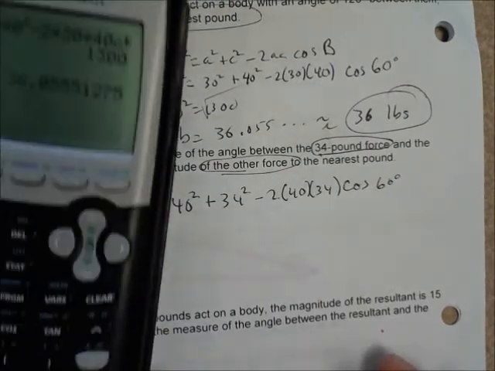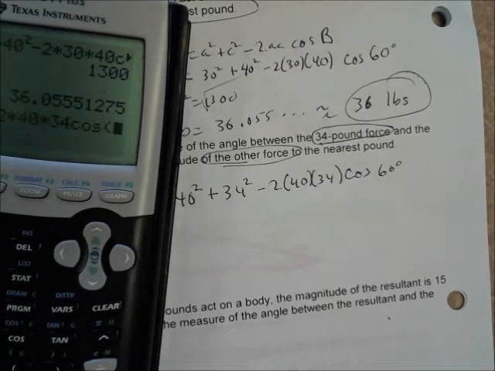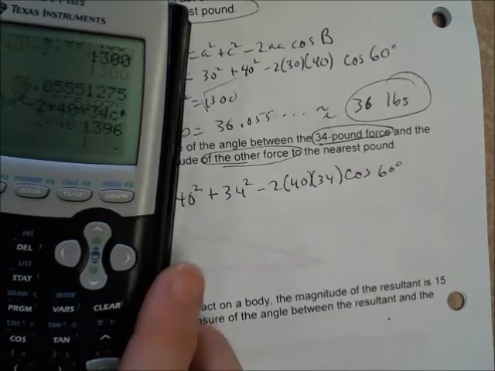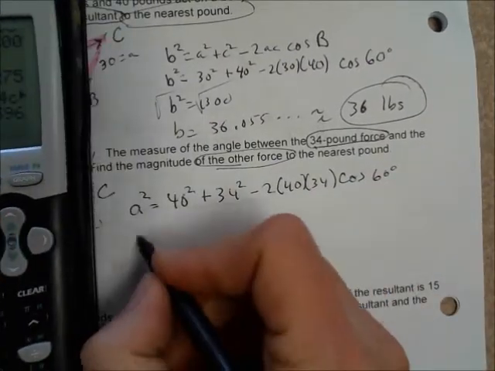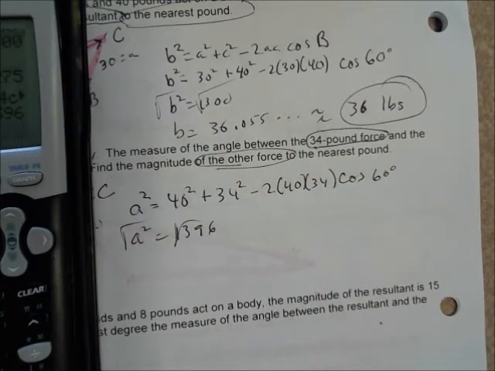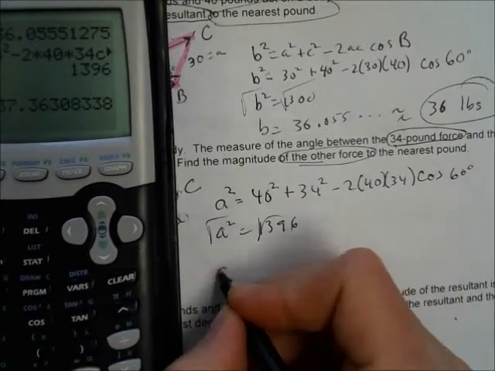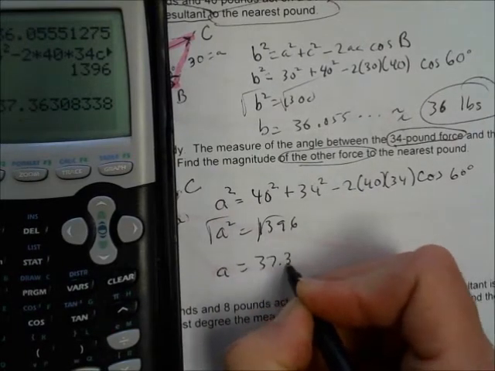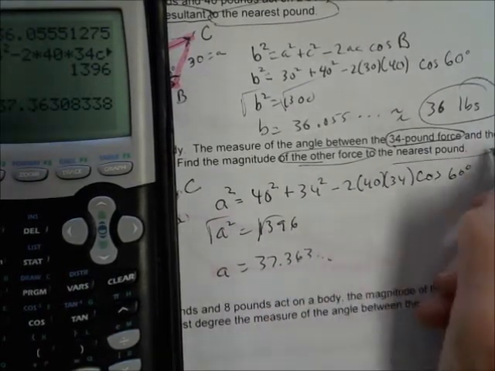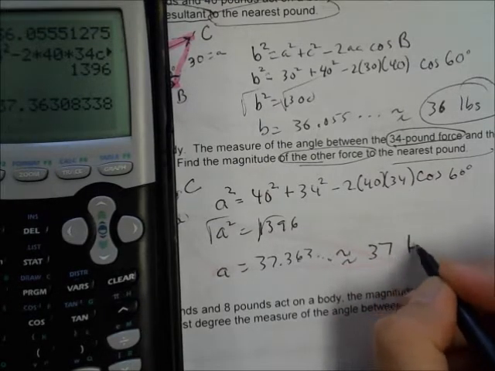So we'll put that in our calculator. 40 squared plus 34 squared minus 2 times 40 times 34 cosine of 60. Hopefully I typed that all in right. And you got A squared is 1396. So take the square root of both of those, and you get 37.36, and to the nearest pound, it's approximately 37 pounds.